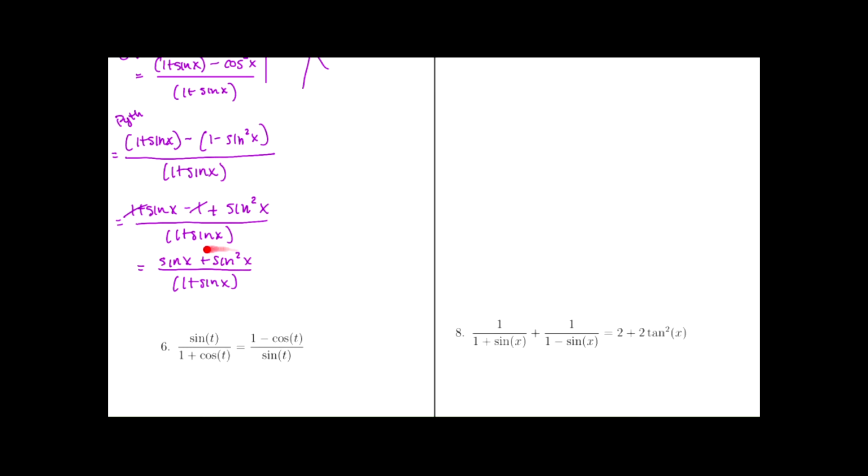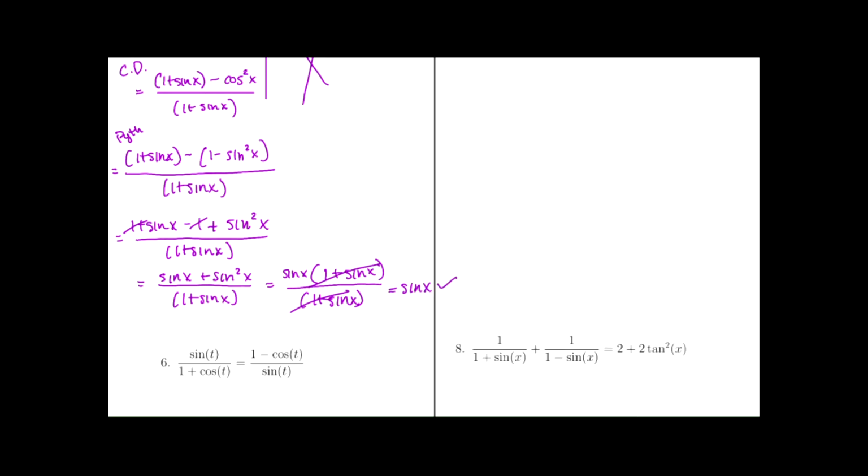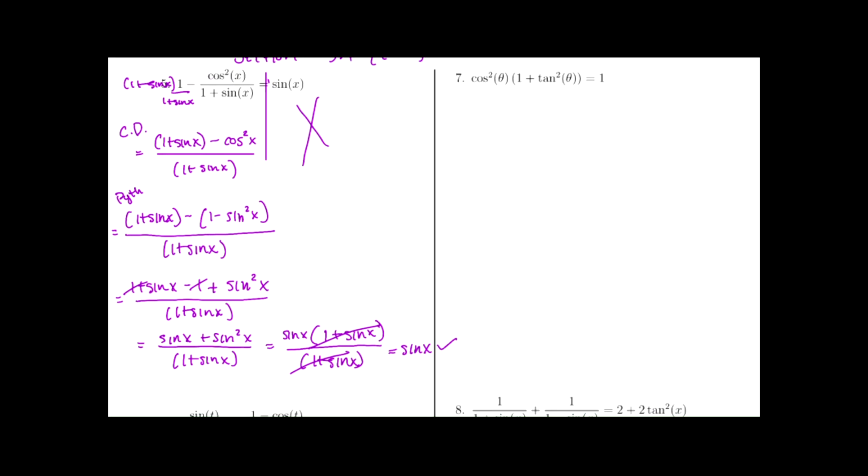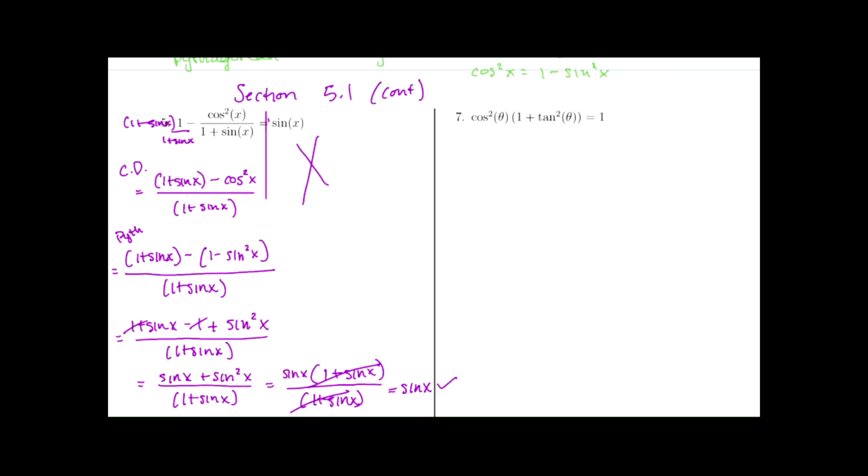If I factored a sine x out on the top, that would leave me 1 plus sine x left. And that's really good because that can cancel with the 1 plus sine x that's on the bottom and give me just sine x, which is what I was going for originally. Okay, so that's number 5.